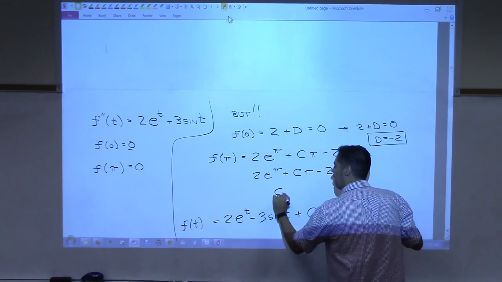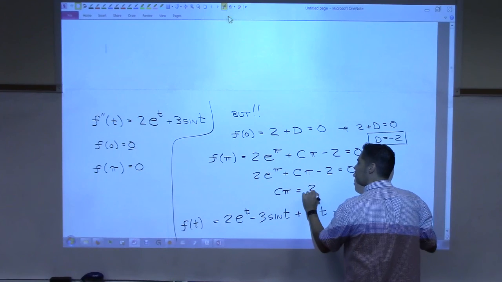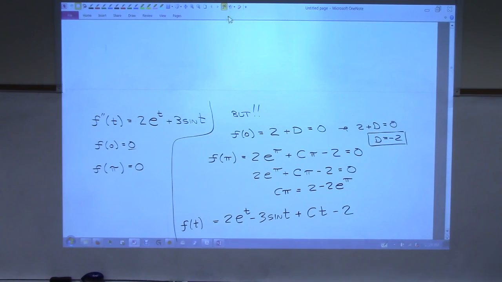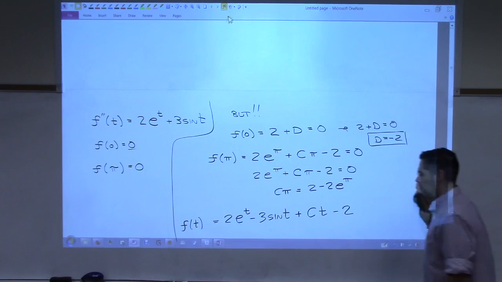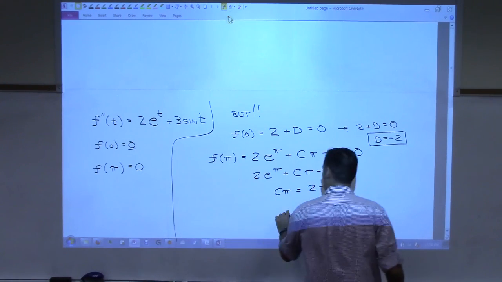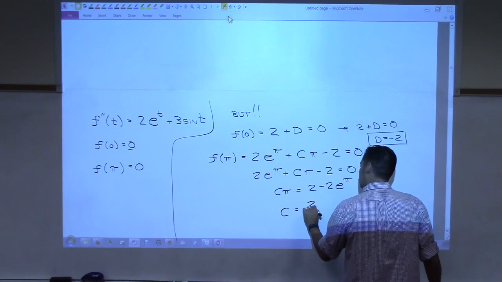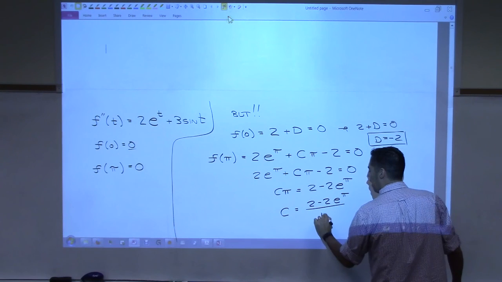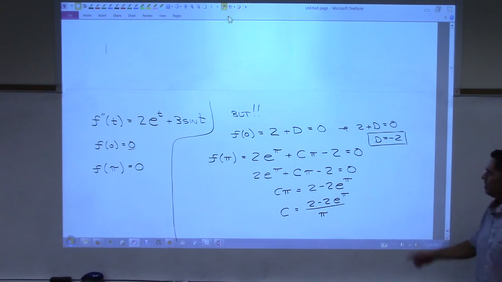So I get c pi equals 2 minus 2e to the pi. And then finally, divide by pi. So c is equal to 2 minus 2e to the pi, over pi. d was a lot nicer than c, huh? d was a lot nicer than c.